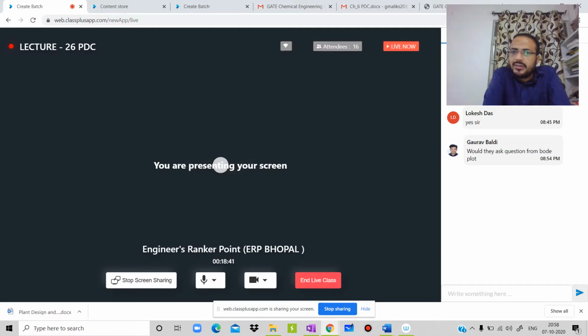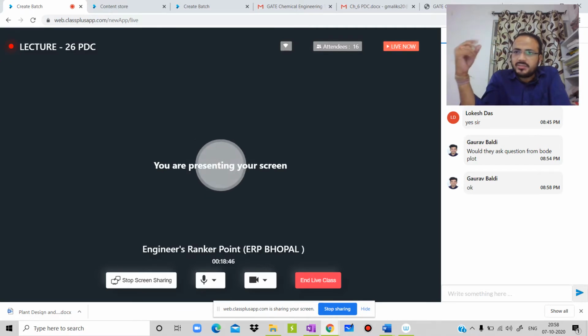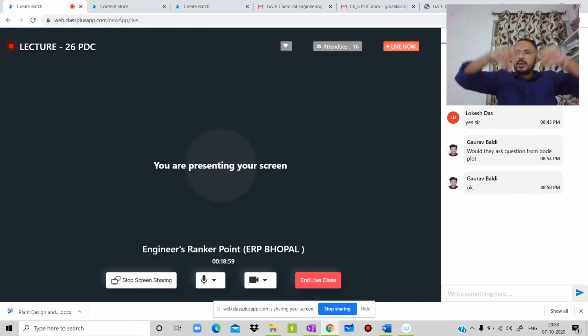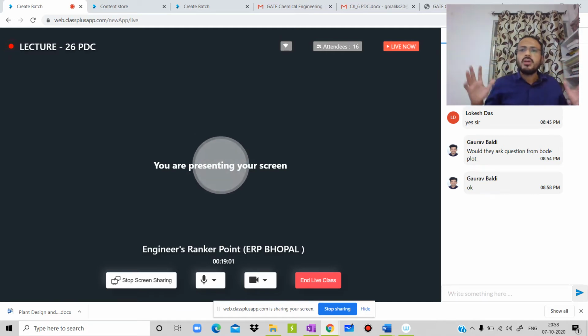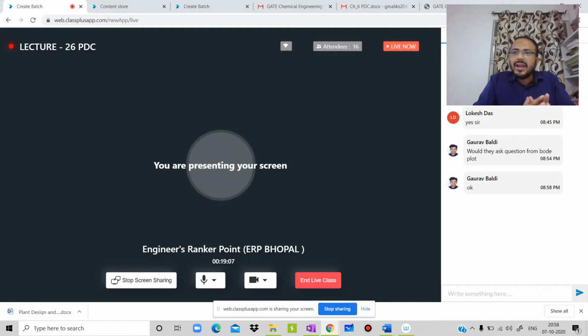First type of question: suppose we have a characteristic equation. Here also we have two cases. In one case, they will provide you directly a polynomial equation. Very simple, with the help of comparison you are able to solve. In the second type, block diagrams are there, and with the help of servo and regulatory problems you need to solve, so your first step is to calculate the characteristic equation.